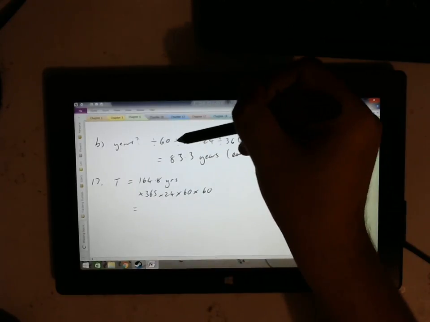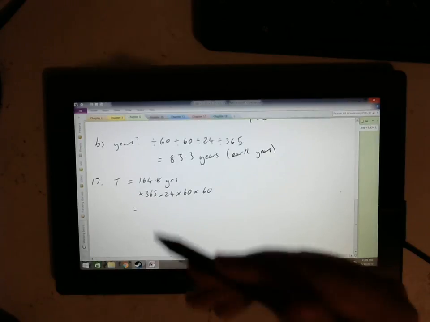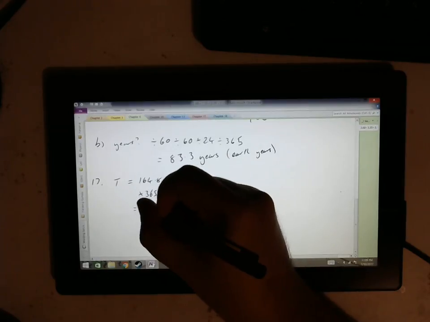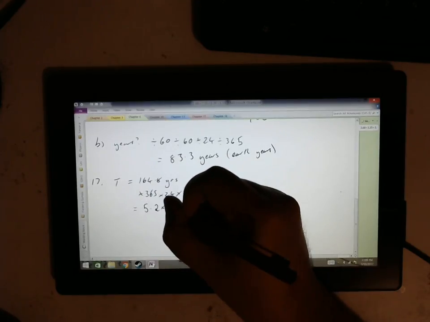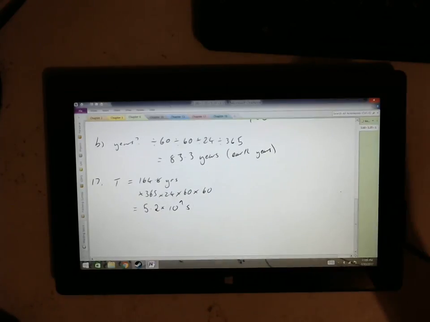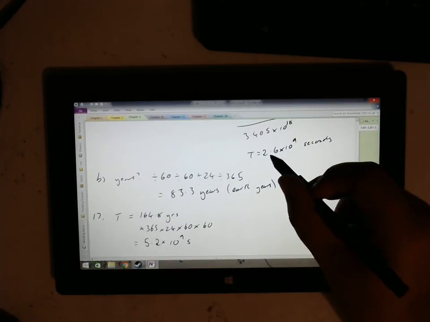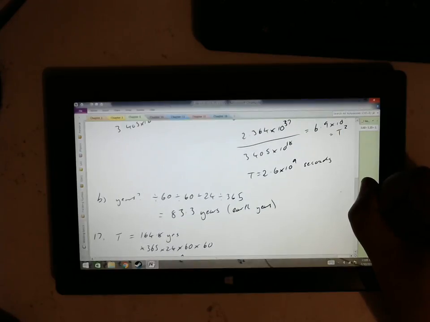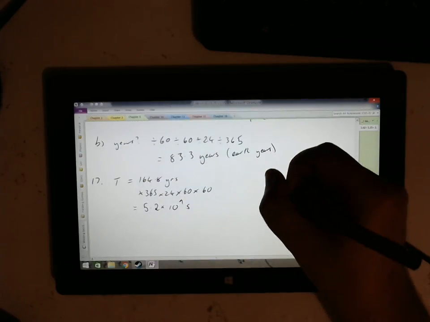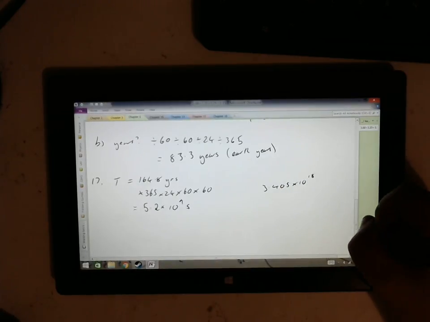Okay, it's exactly the opposite of what we did up here before. 164.8 times 365 times 24 times 60 times 60 gives me 5.2 times 10 to the 9 seconds, which is, as we can see, similar magnitude, just double the number, so that's okay. And we had 3.405 times 10 to the 18. So 3.405 times 10 to the 18 was our ratio.